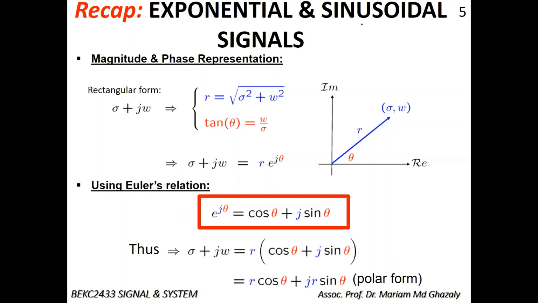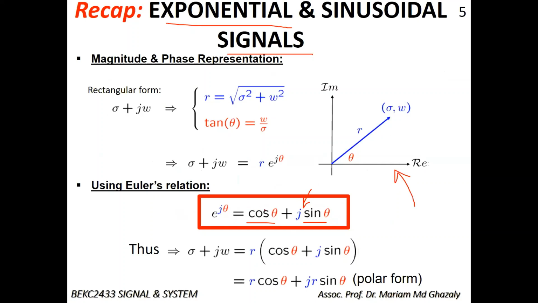Okay, based on the video that you watched just now, let's do a recap on the exponential and sinusoidal signal. In the video, they discuss a complex signal, for example cosine theta plus j sine theta, which is equal to e^(j theta).